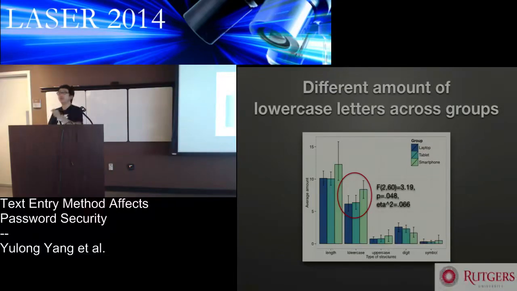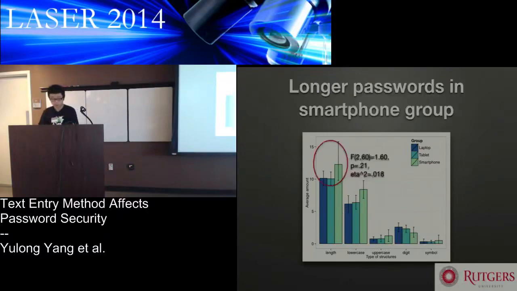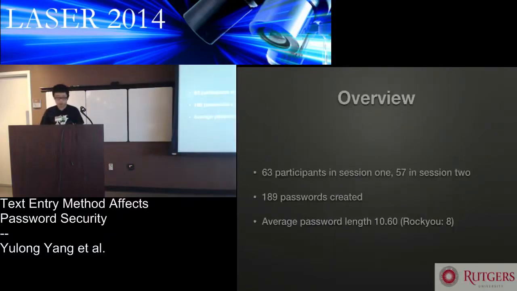And also for the lab study, yes, remember we talked about, let me go back. The average password length in our study is almost 3 characters longer than the actual password data set. So we believe that in a lab environment, under supervision, people paid extra effort to this particular task. They think this is important. So that's one reason why we get longer passwords.